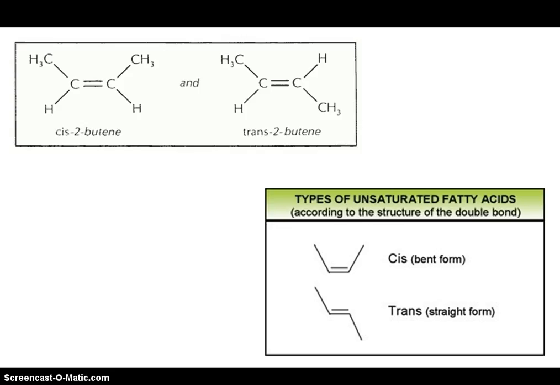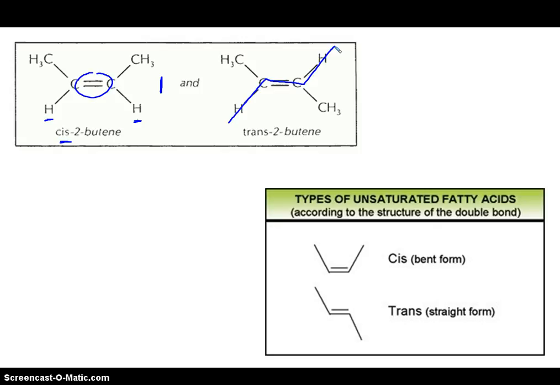Here's what I talked about, the geometric isomers. So here's our double bond. If we look at the top one right here, the 2 hydrogens are both facing down. That's what's called the cis position. And if we were to break that double bond and flip this side of the molecule, now all of a sudden we've got the H up. Those are geometric isomers. They're put together similarly, but they're rotated around a double bond.